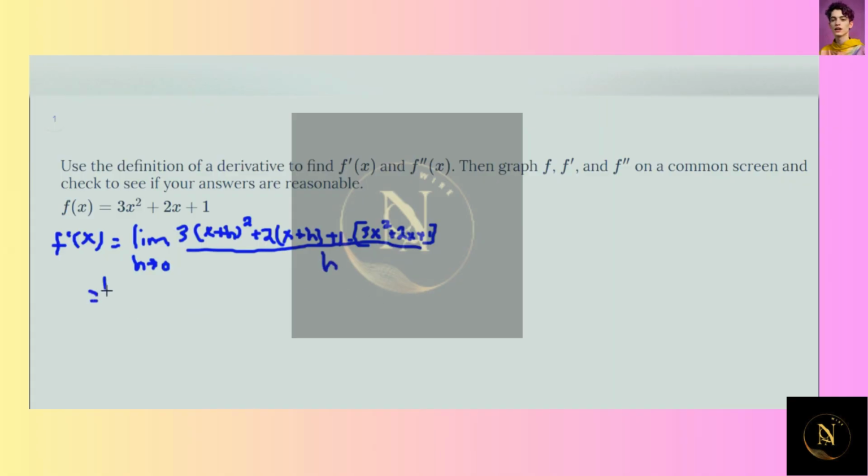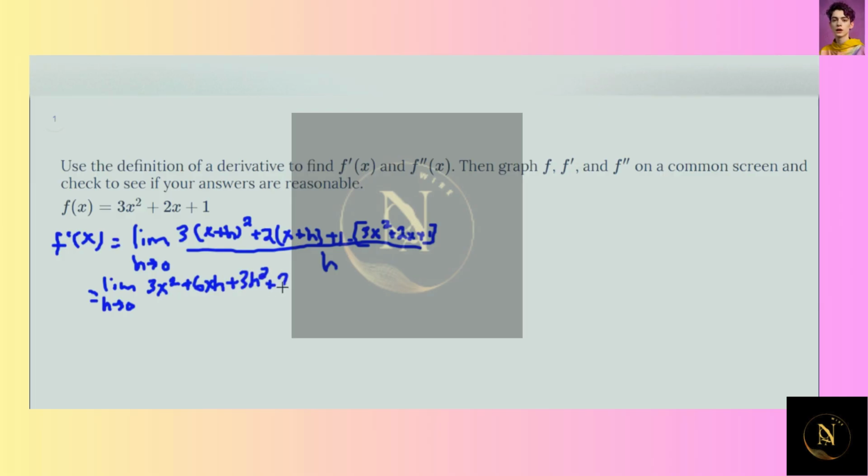Our next step is to expand the numerator a little bit. This binomial squared, x plus h, the quantity squared, is going to be x squared plus 2xh plus h squared. Multiplied by 3 will be 3x squared plus 6xh plus 3h squared.